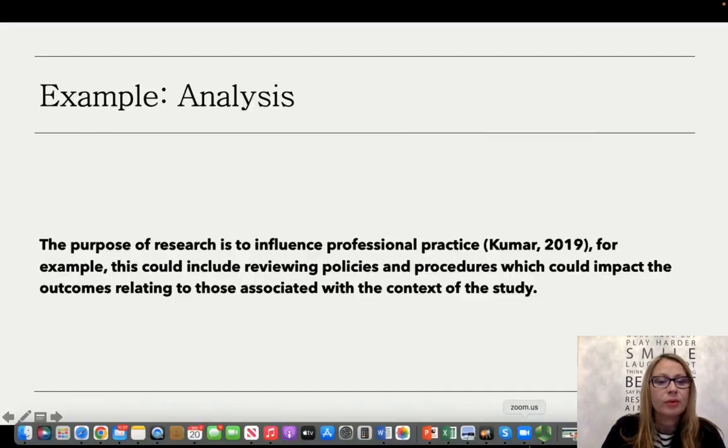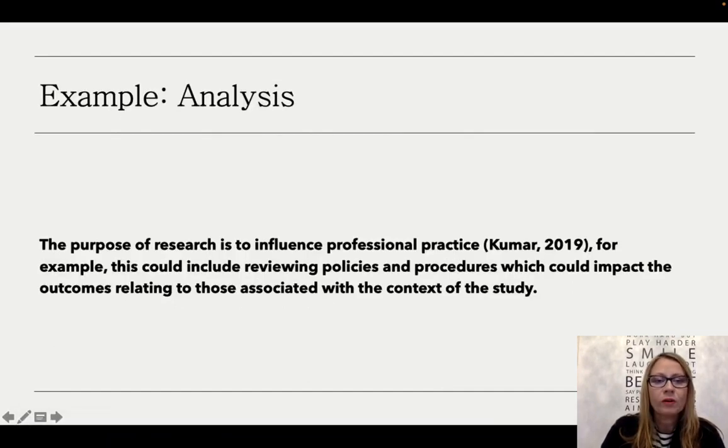Let's give you an example now then of analysis. We're using the Kumar example with regards to research again. So here our sentence, the purpose of research is to influence professional practice by Kumar. For example, this could include reviewing policies and procedures which could impact the outcomes relating to those associated with the context of the study.